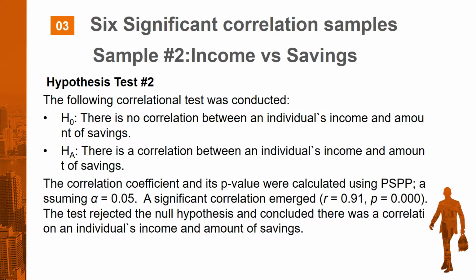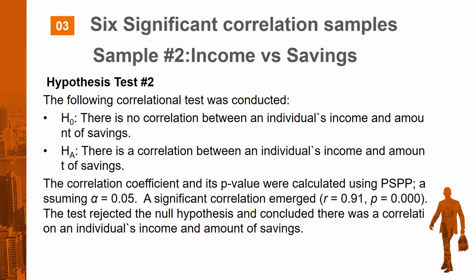correlation of 0.91 and a p-value of 0.00. So the test rejected the null hypothesis and concluded that there was a correlation between an individual's income and the amount of savings. It's a very strong positive correlation.